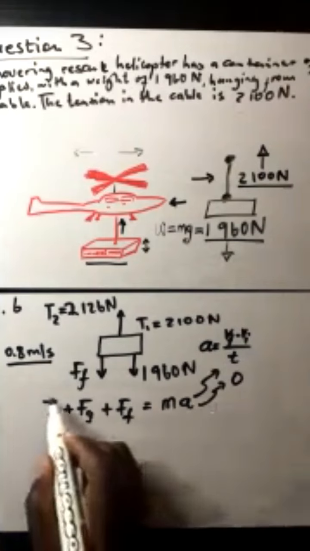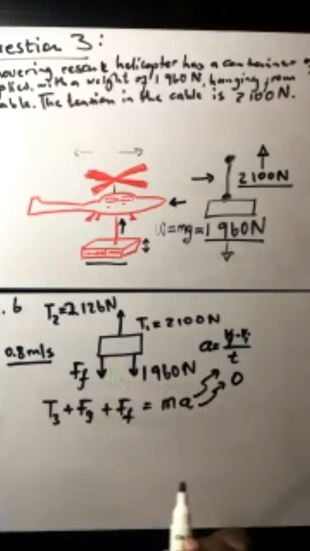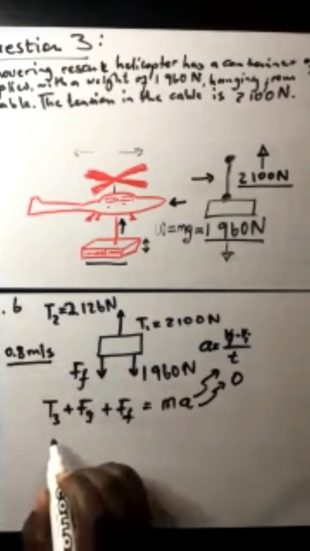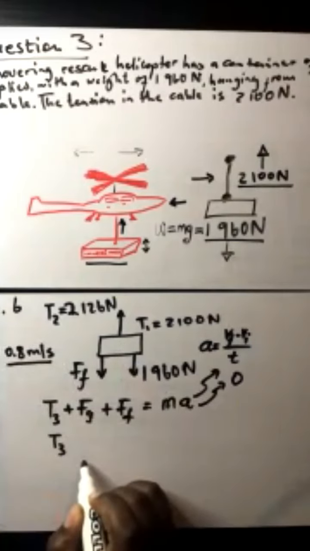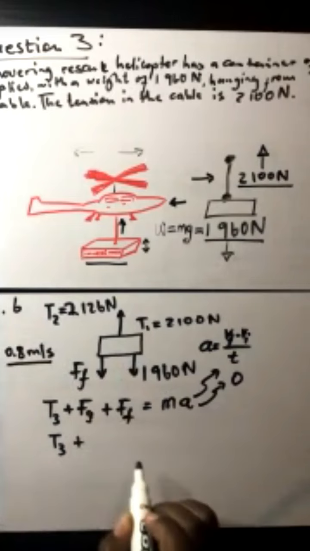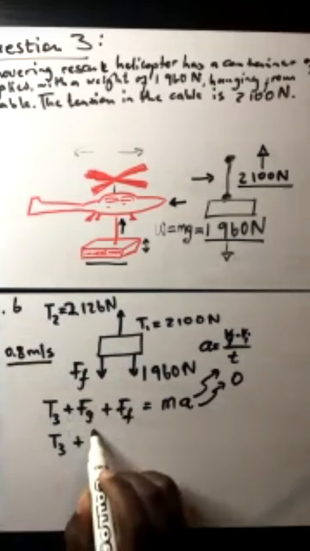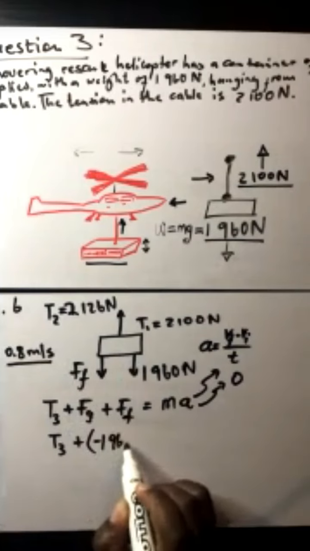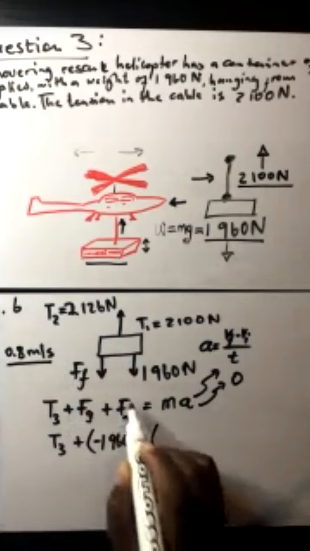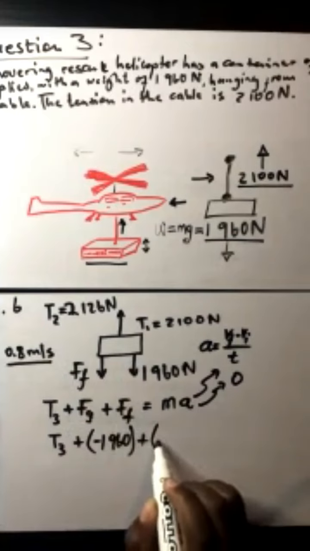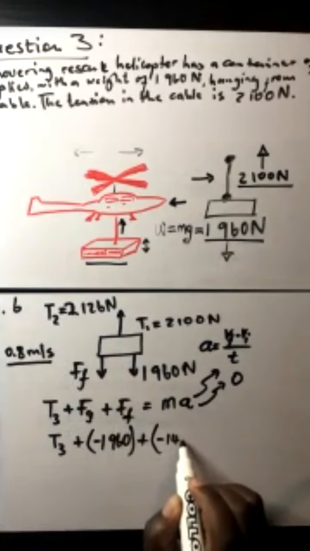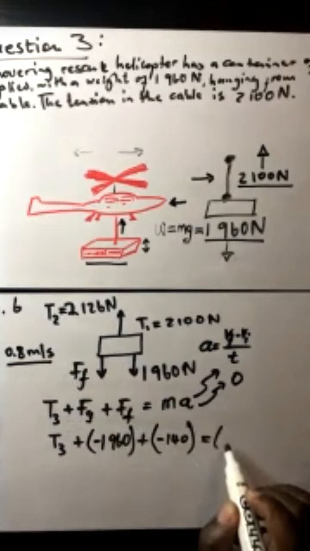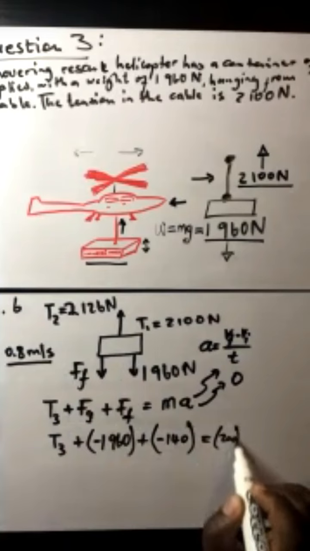So this is scenario number 3 where they are asking about the tension when it moves at that constant velocity. So tension number 3, obviously it's a plus over there. That one doesn't change. We know it's negative 1,960 plus that one, we know, was negative 140. Then this is equals to, guys, we know the mass is 200 grams.